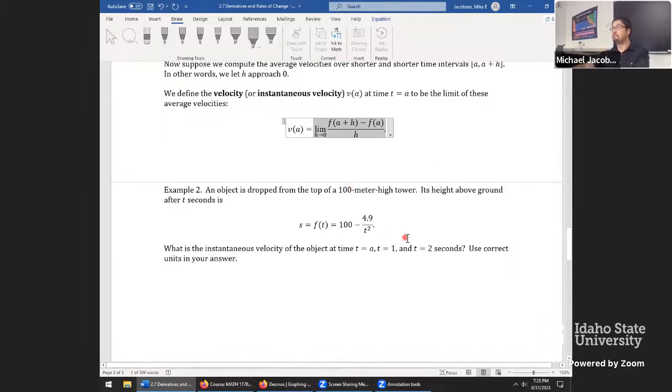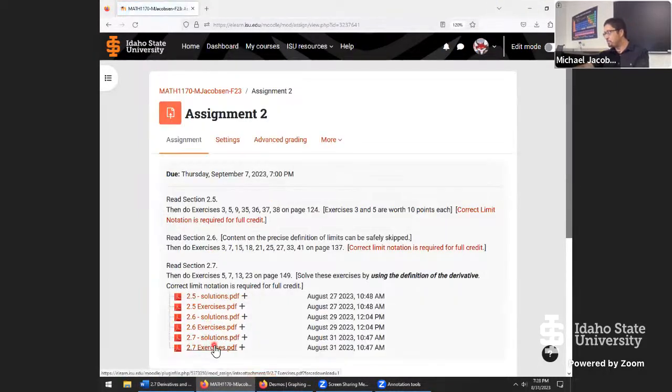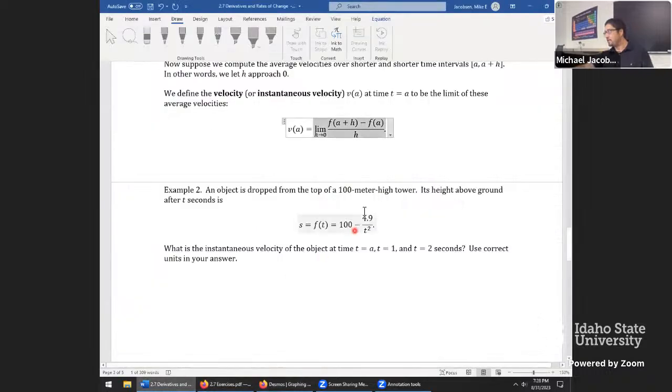So we want a fraction of t squared, and then that's it, over. Gotcha. Let me take a look at that so I can remind myself. This was 2.7. And oh, this one right here. Yeah, it's going to be done essentially the same kind of way.